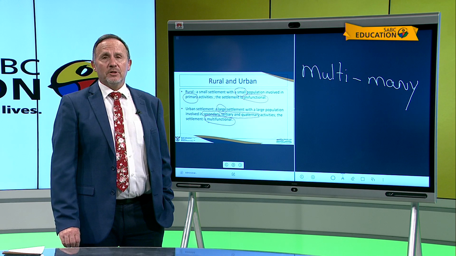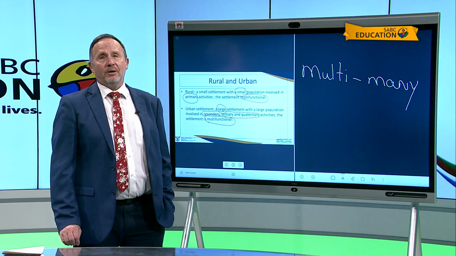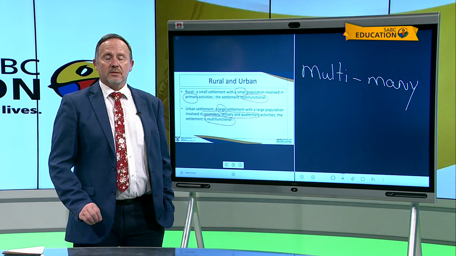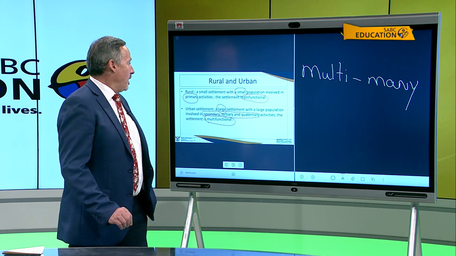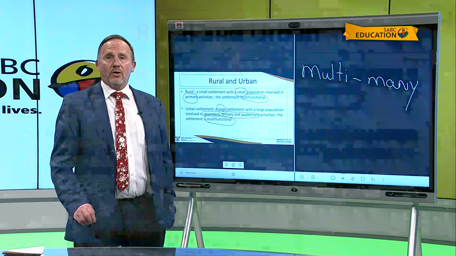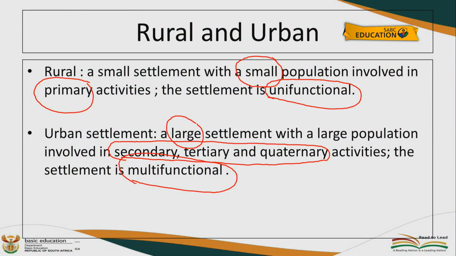So that's the difference between rural and urban. Three things: size, function, those two, and then the type of economic activities, either multifunctional or one function.